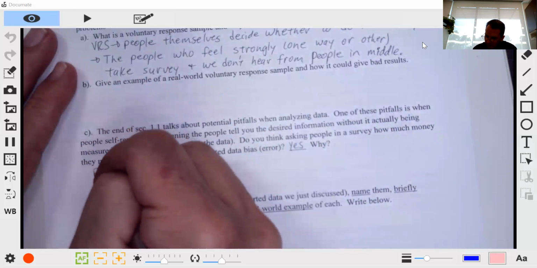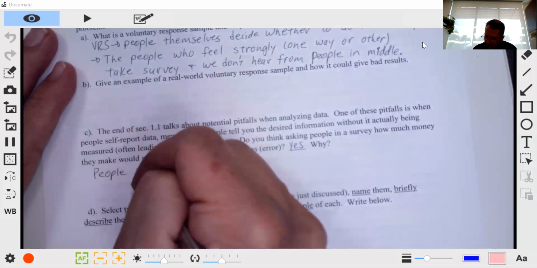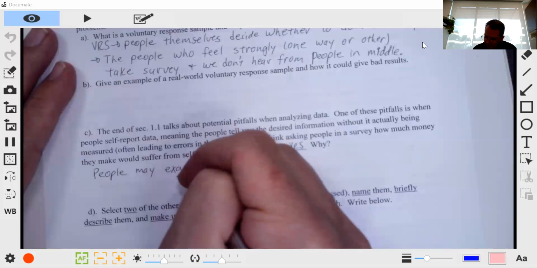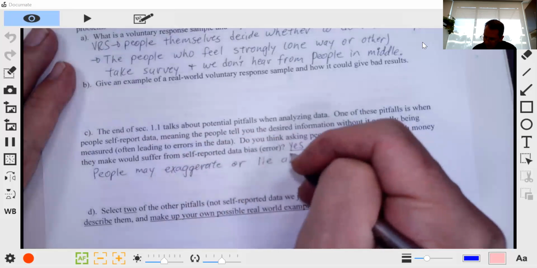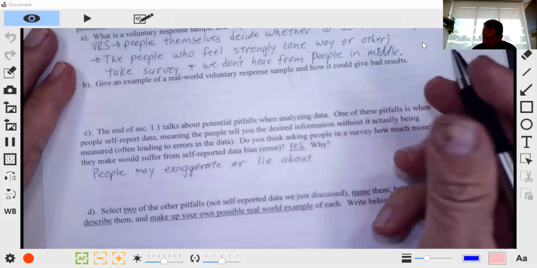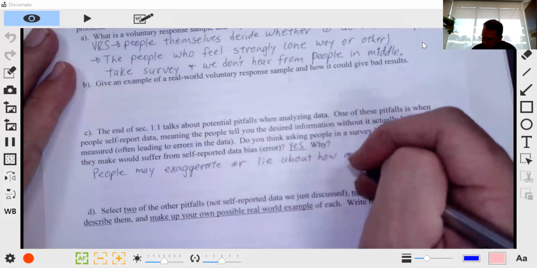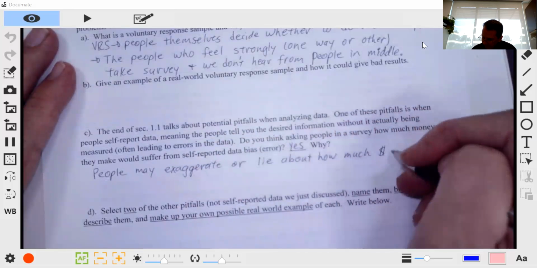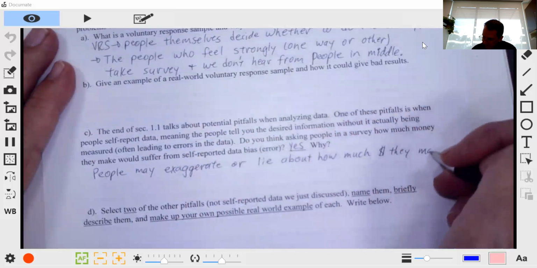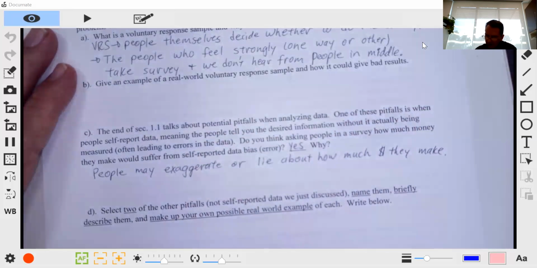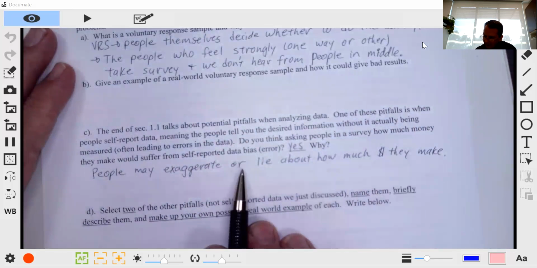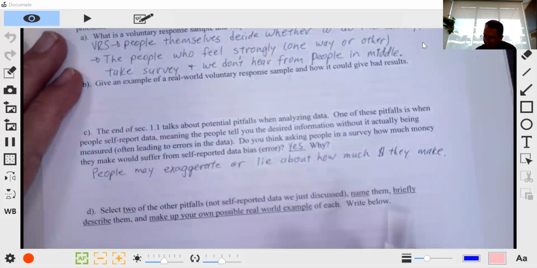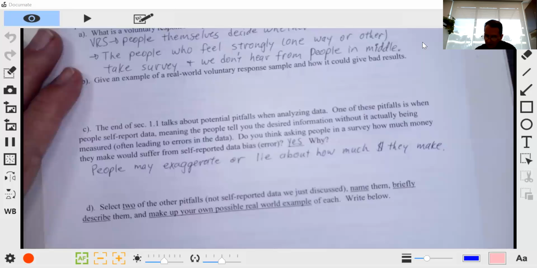Well, people may exaggerate or lie about how much money they make. Maybe it makes them feel better. So if we weren't aware of that, our answers might be too high, because if many people are lying and rounding up on how much money they're making, we might think that people are making a lot more money than they are.